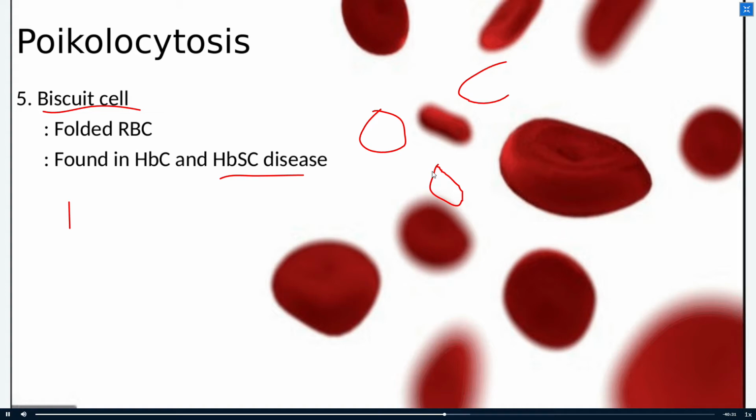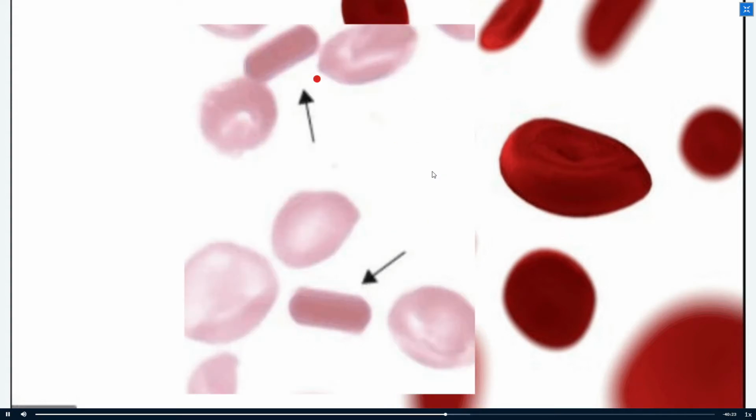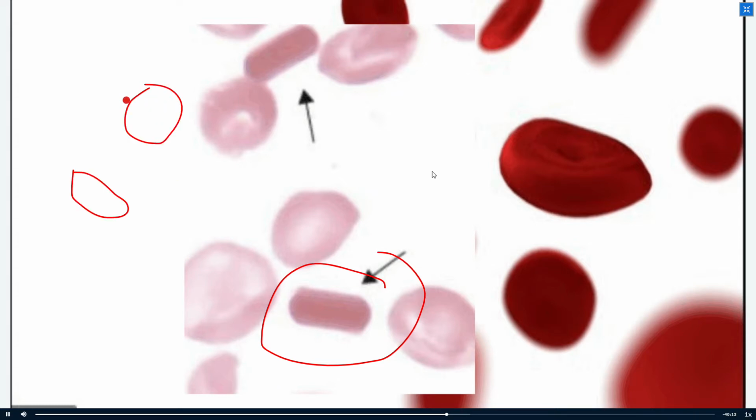So biscuit cell is a folded RBC found in hemoglobin C and hemoglobin SC disease. So this is their appearance, class. It's folded, so from a normal shape, the other half would be folded, appearing like this. Any questions?